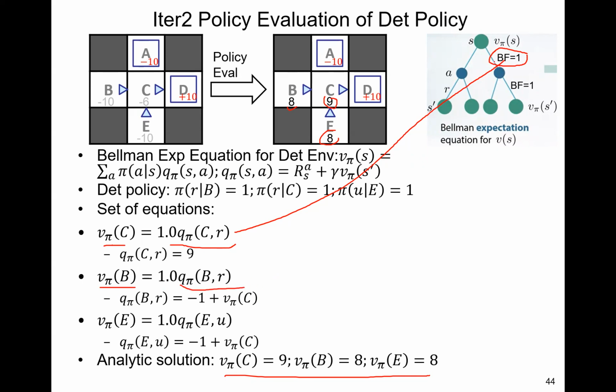So this is 1 branching factor for action selection. And it's a deterministic environment, so of course you have 1 branching factor for the Q value expressed in V. So if you are in state E and you go up, then you have only 1 possibility of landing in state C.